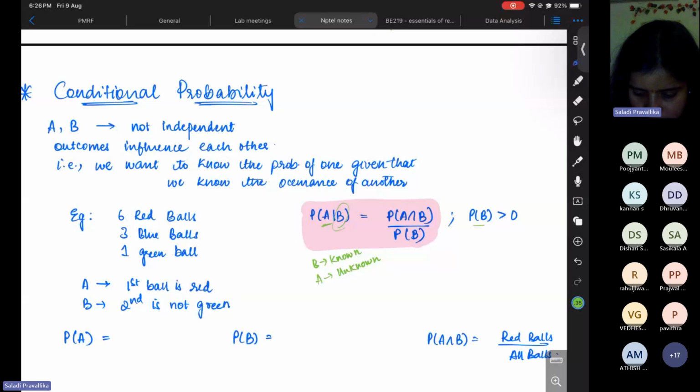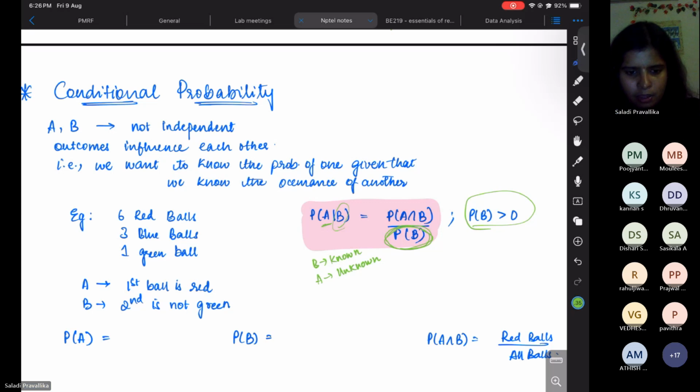And also, this is the main condition. P of B should always be greater than 0. We cannot have an infinite value here, so we cannot have this be 0. So that should always be greater than 0. Right?